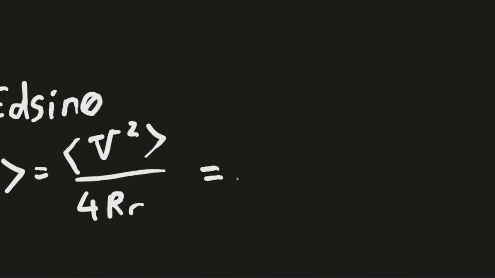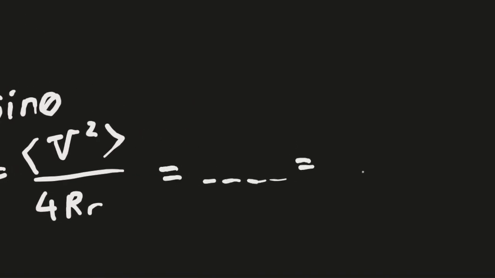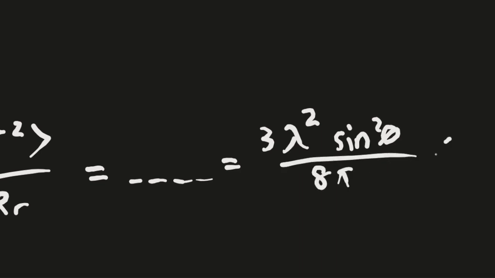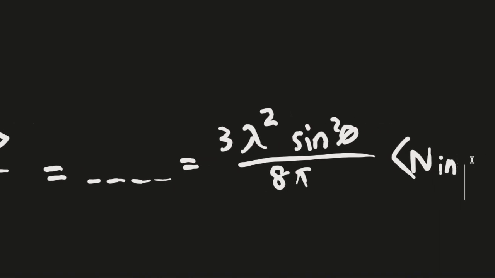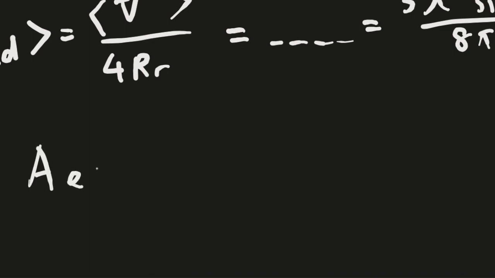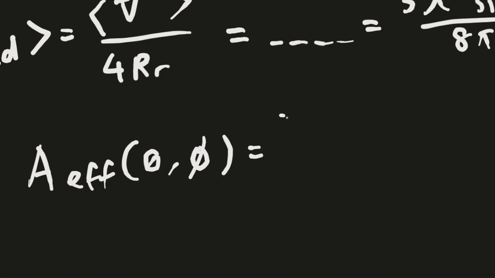You can get that it's going to be, I'm not going to go through the math, lambda squared sine squared theta over 8 pi times the incident power. And so your effective area looks like that.